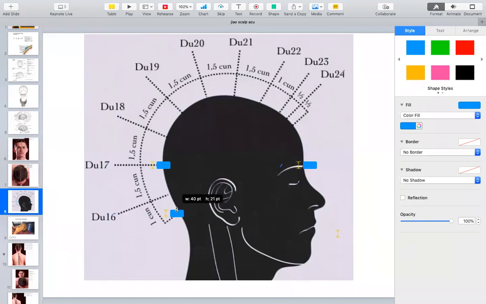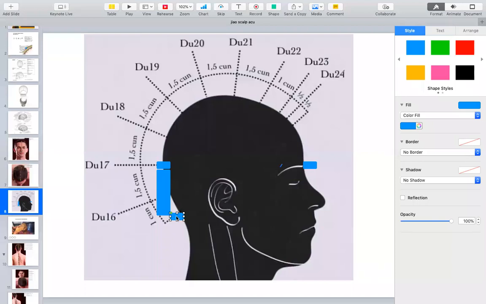If we keep our forefinger here and measure up, this is a forefinger up from the posterior hairline. So this point, DU17, is a forefinger up from the posterior hairline.